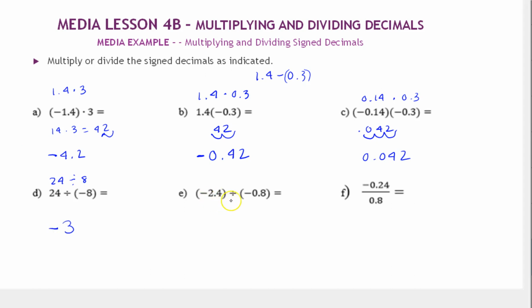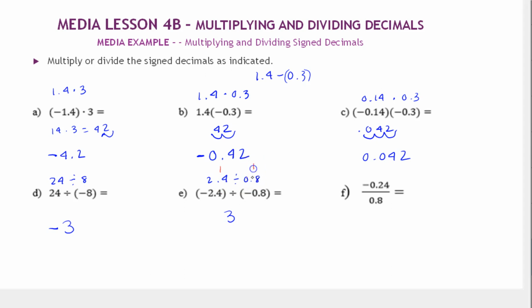Negative 2.4 divided by negative 0.8. So we're going to look at 2.4 divided by 0.8. So these are the absolute values. Well, 24 divided by 8, we know that's 3. And now this has one digit after the decimal.